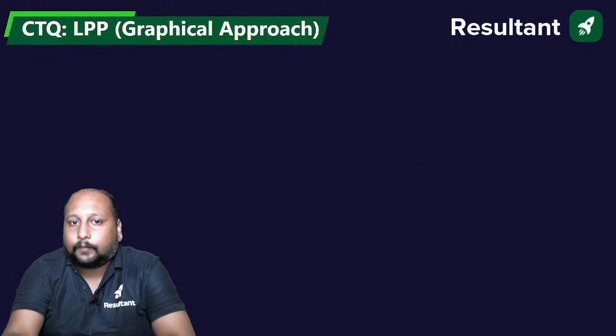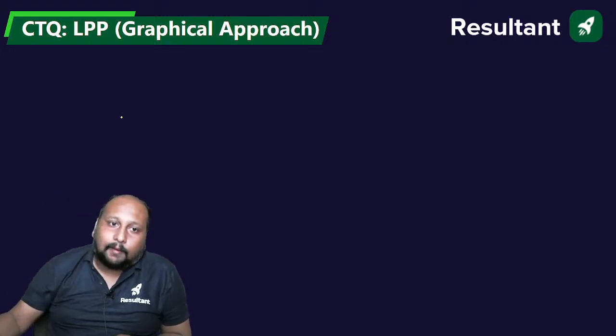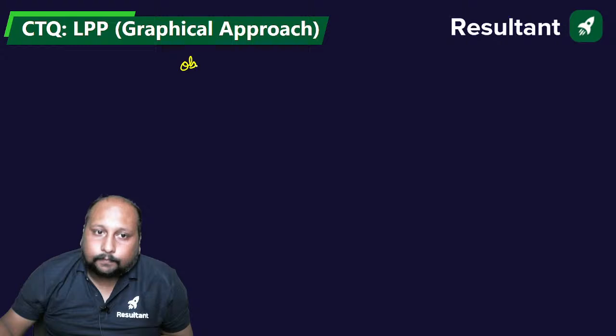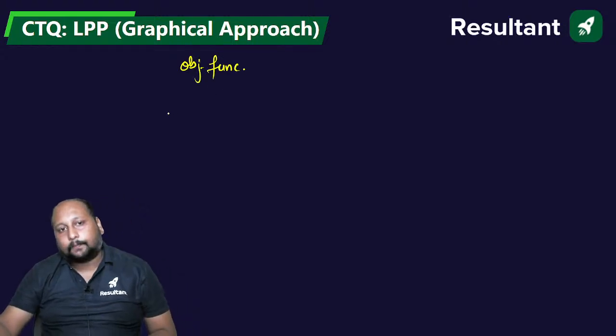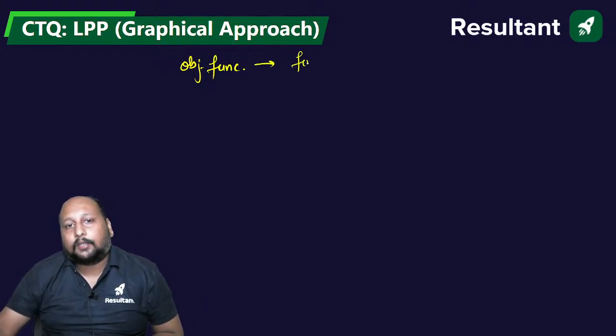For writing any linear programming problem, there's a standard way to represent it. We have one objective function. What is the objective function? It is the function which we need to optimize.